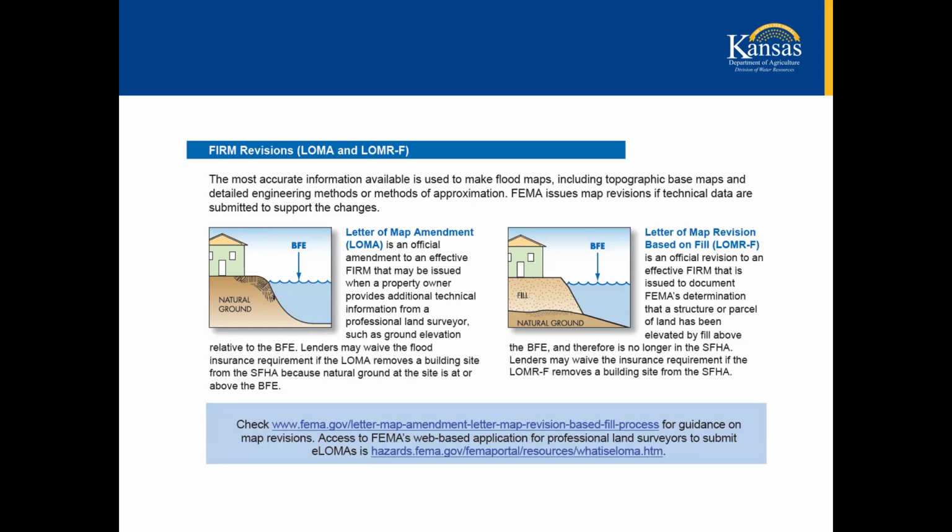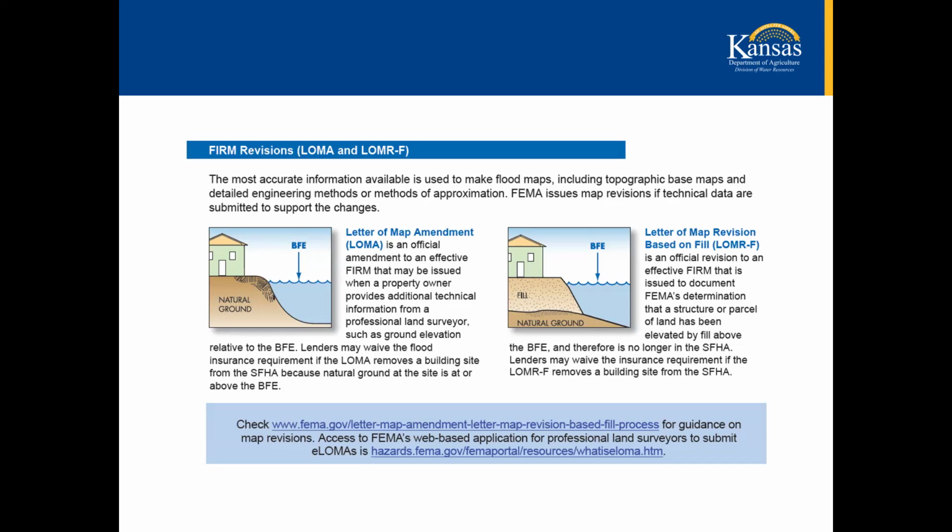If that's their whole goal and the lender still requires it, then there's really no reason to do that. The Letter of Map Revision based on fill, it's an official revision, so not an amendment. It revises the FIRM, and that is issued based on FEMA's determination that a structure or parcel has been elevated by fill above the base flood elevation and no longer subject to the base flood.